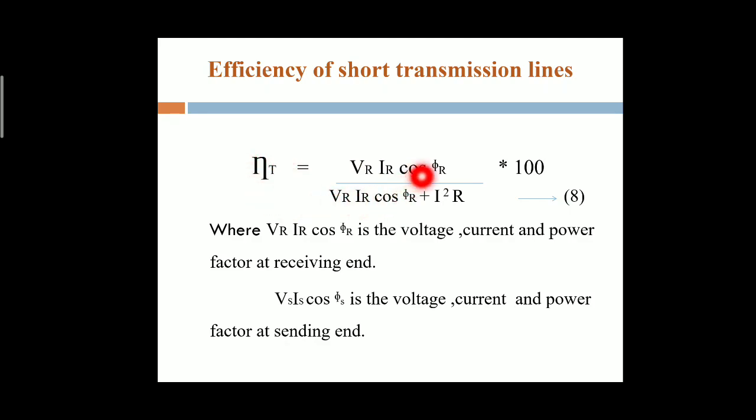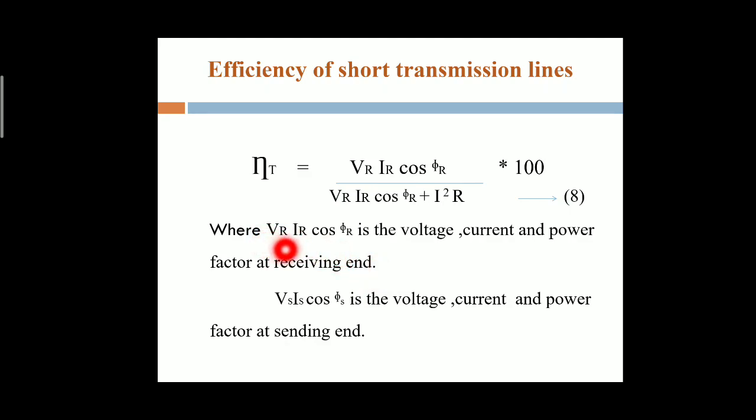It is the ratio of delivered power to the supplied power, and the supplied power is delivered power plus losses, where VR, IR, cos phi r are the voltage, current and power factor at the receiving end.